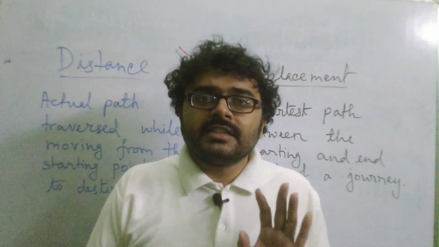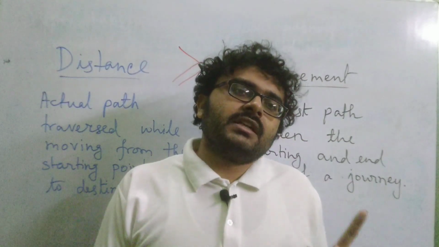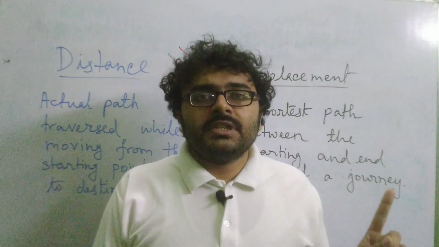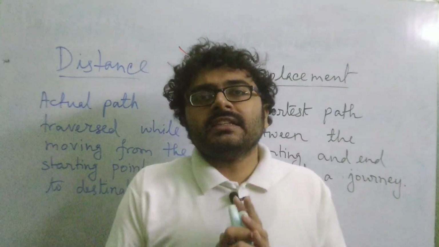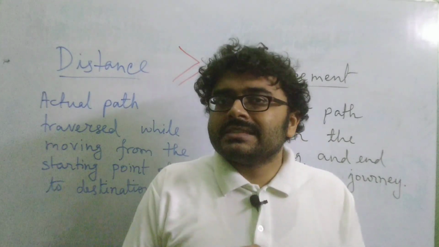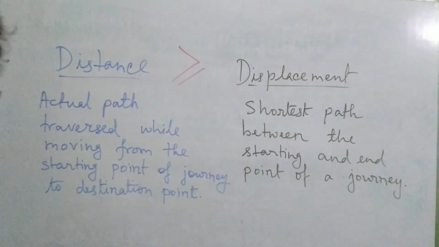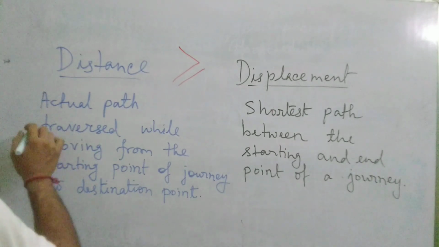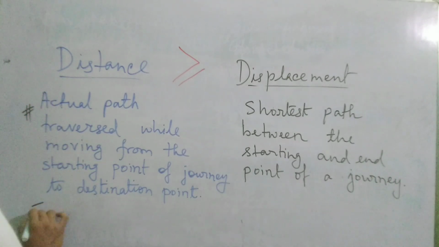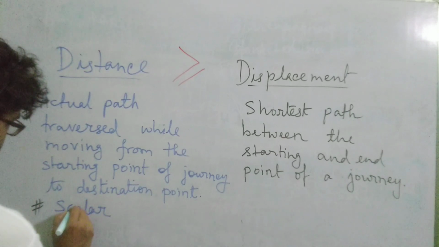But when we are saying displacement, there was only one way by which you can find the displacement, and that was by traveling from the house to the school in the southeast direction. So displacement has a definite direction associated with it, but the distance has no direction associated with it. So I think the concept now is clear. This is the first point, this is the second point: distance is actually a scalar quantity, isn't it?